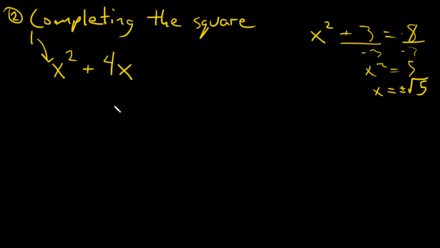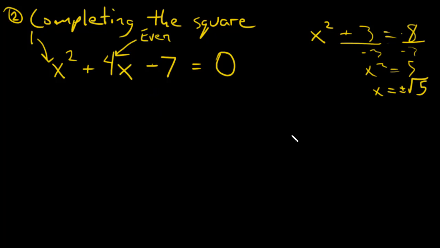So I've got an x term, maybe 4x minus 7 equals 0. The coefficient in front of my x is even. So there's a 1 in front of the x squared and the number in front of the x is even. If I have those possibilities, I'm good to go. I'm going to use completing the square.